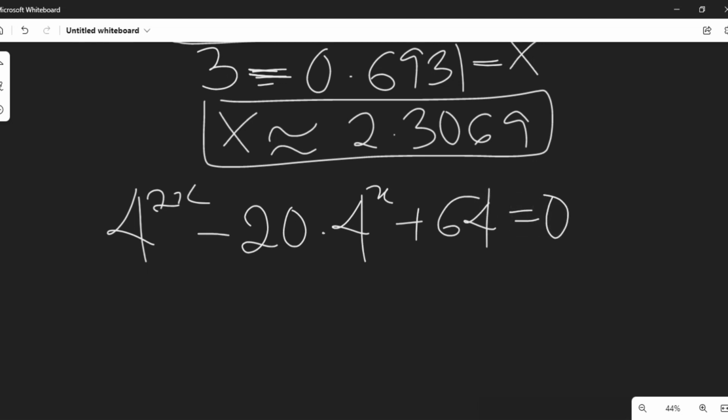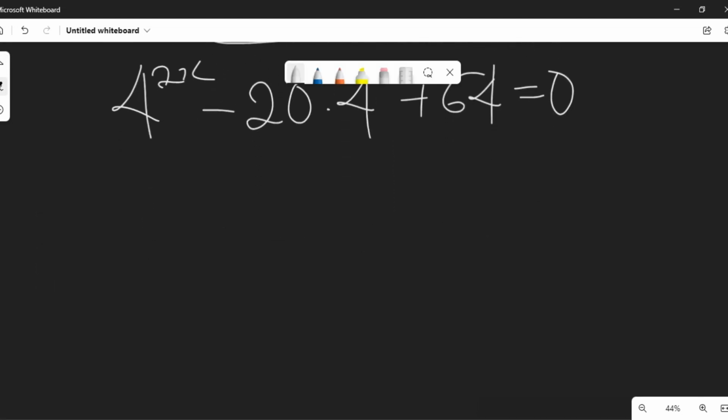If you check out this exponential equation, we are asked to find the value of x. What I think we can do to find the value of x is to factor by substitution.